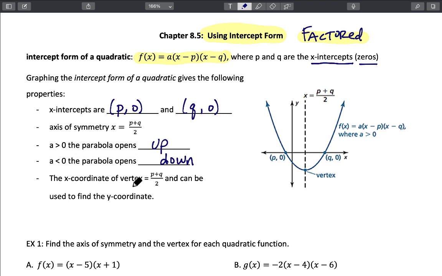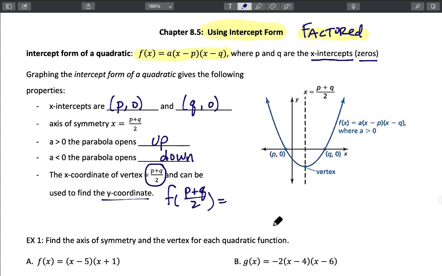Now, the x-coordinate of the vertex is going to be found by taking that same axis of symmetry equation. We're going to add p and q together and divide it by 2. And then we're going to use that (p plus q) over 2 to find the y-coordinate by evaluating f of (p plus q) over 2. This will lead us to that y-coordinate of our vertex.